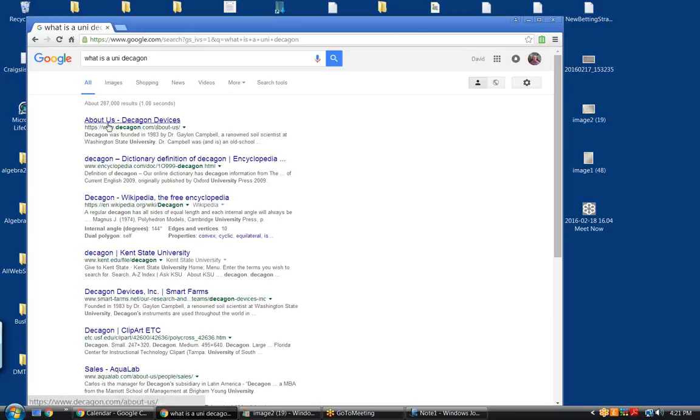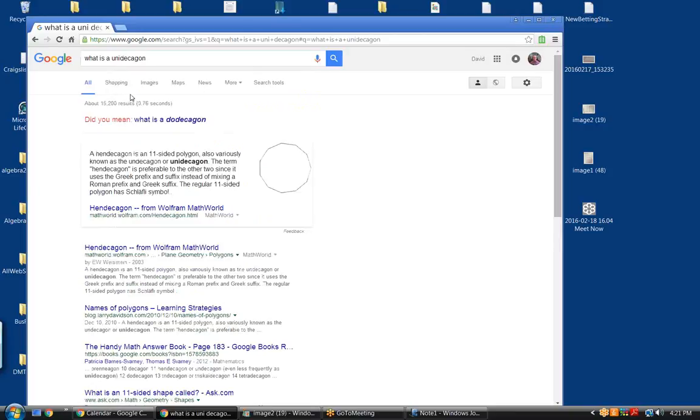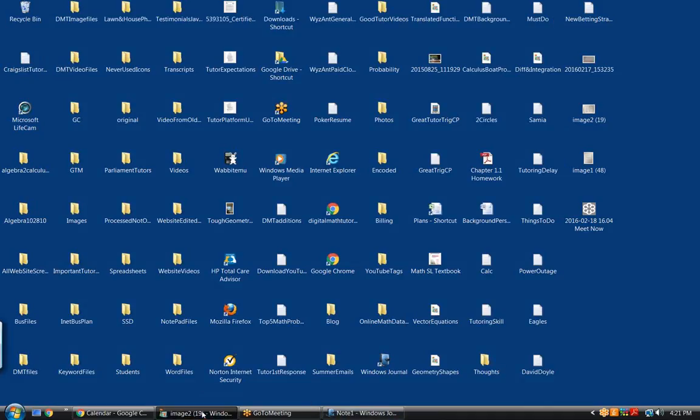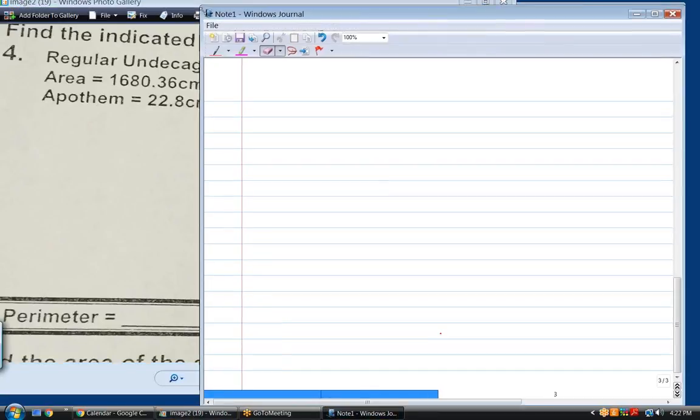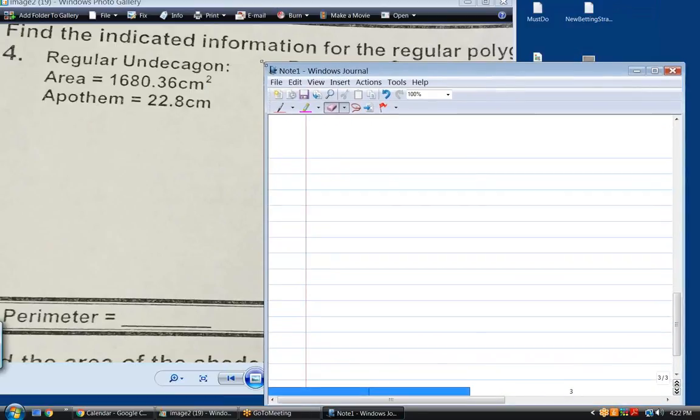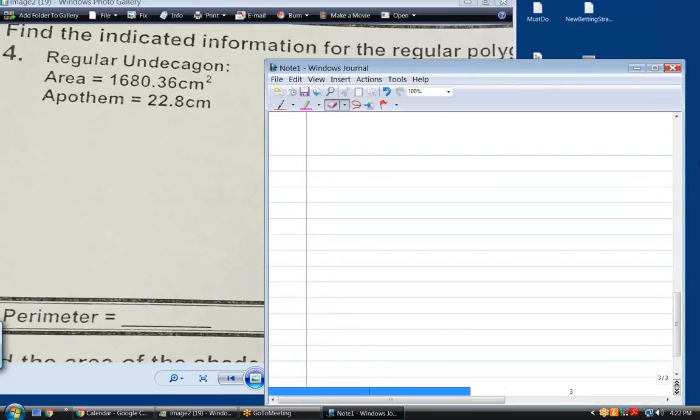Let me take that space out. 11 sides. I didn't know. That's the last thing in the world they should be asking you to do in geometry. I'm sorry, it's just my belief that you should not be forced to learn what these words mean, especially the ones that you never see.